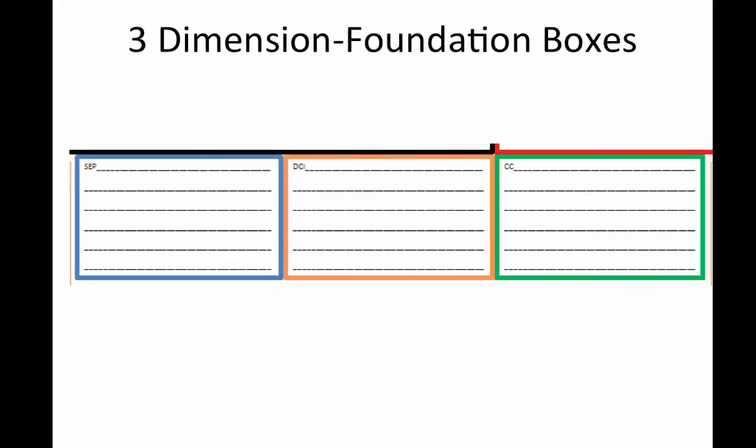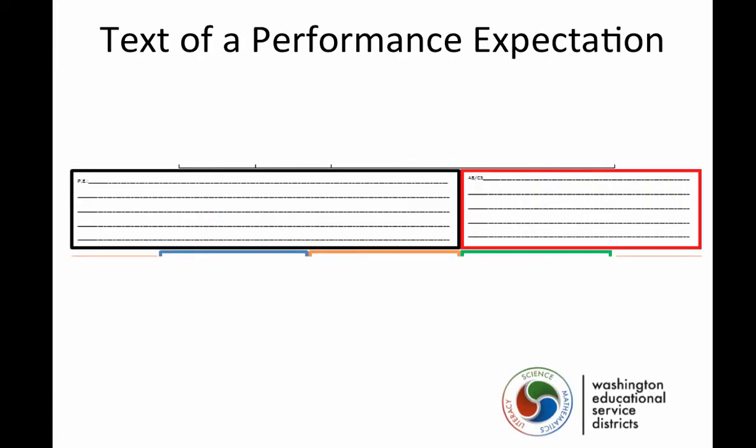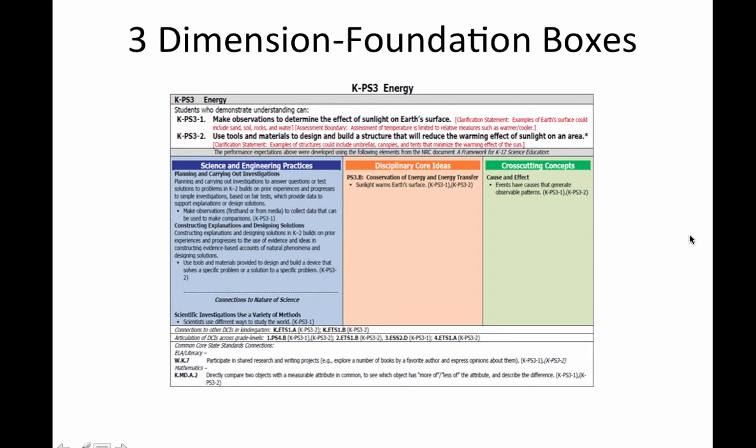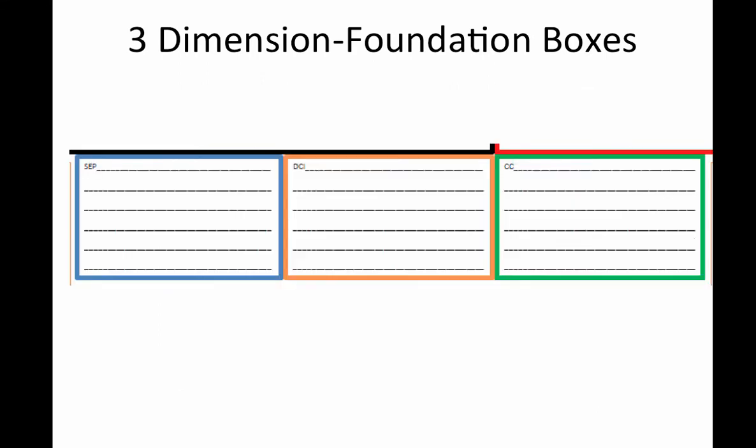This first part is pretty straightforward, but when you're analyzing the text of the PE, note that this black box is where the main text of the performance expectation goes. The red box is where the assessment boundaries and clarification statements go. And here you can see the different dimensions, and you can take the language from those dimensions and put it in the colored boxes on the sheet, and there's some more description of what to focus on.